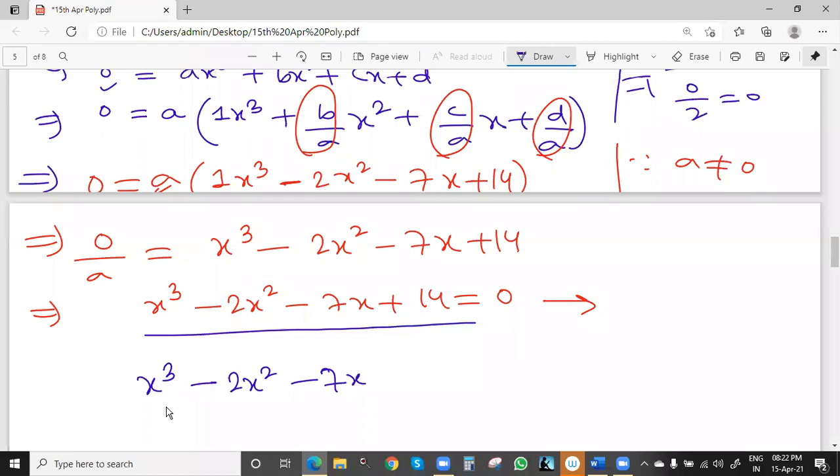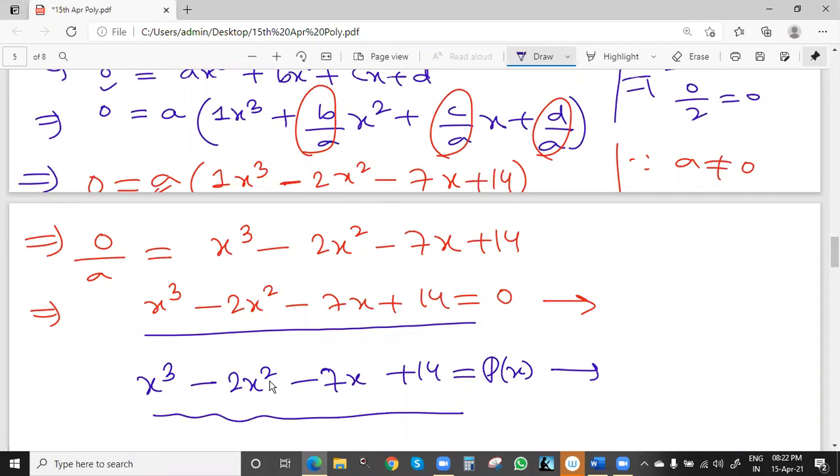Network issue. See, x cube minus 2x square minus 7x plus 14 equal to px. So I want to know about both these equations: are they same or different? See, the left hand side is same for both these equations.